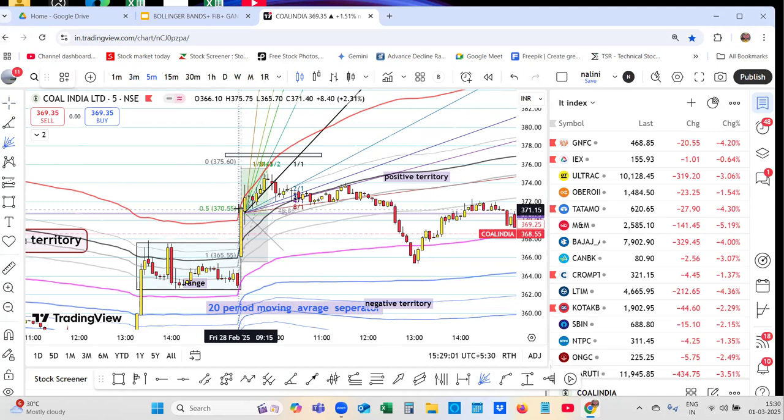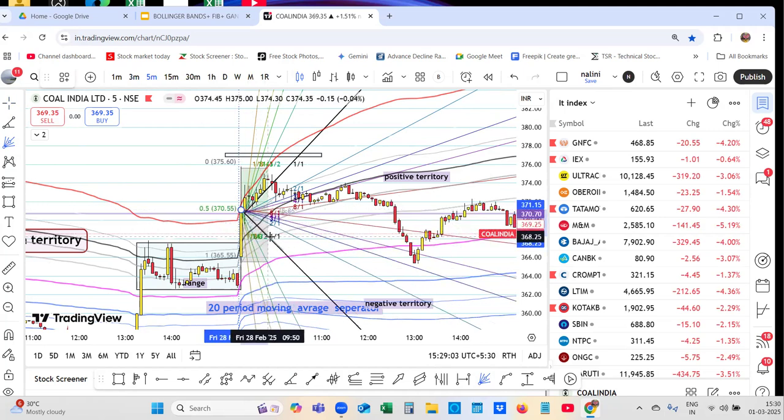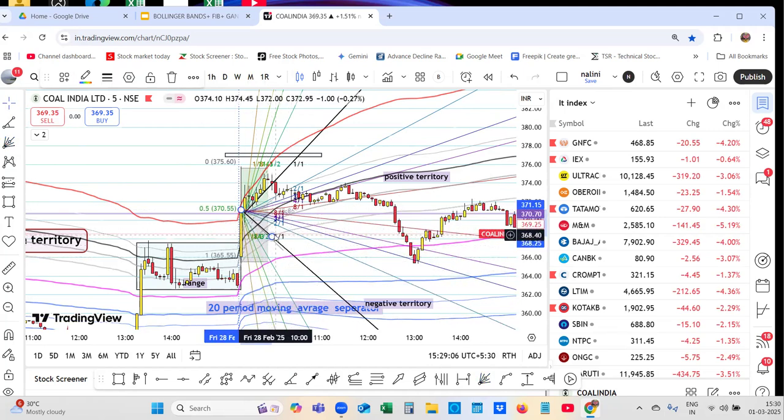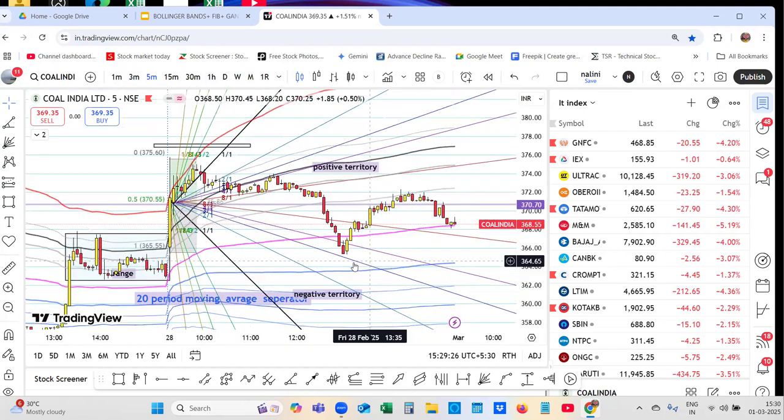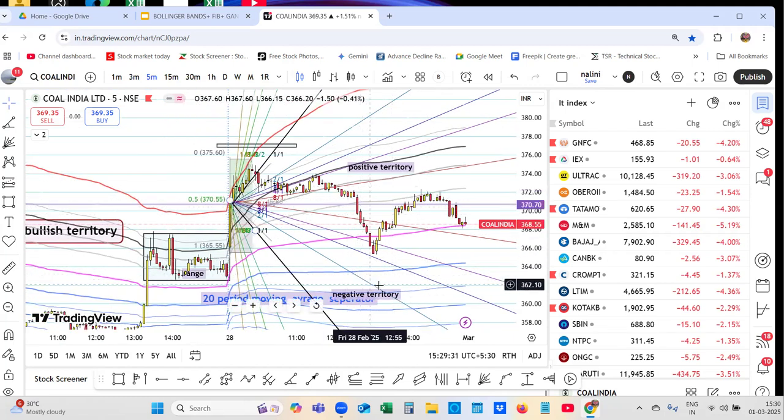So I'm putting the Gann fan. You can see in the trend direction, in the lower part it crossed this 8/1 angle, the red one, and started moving down below the 20 period moving average, and then it retraced back. So this is how clarity comes into the picture.